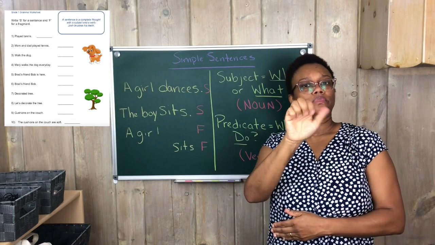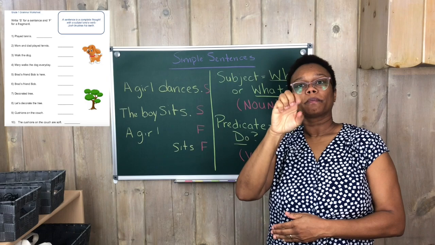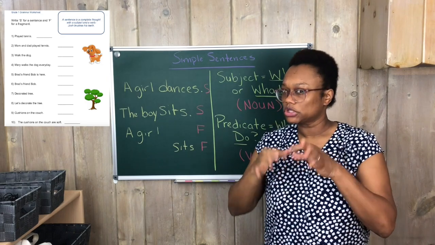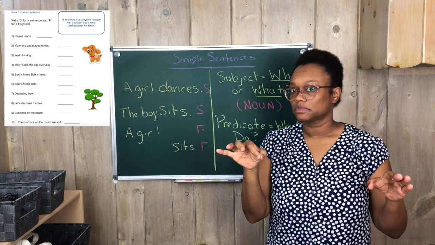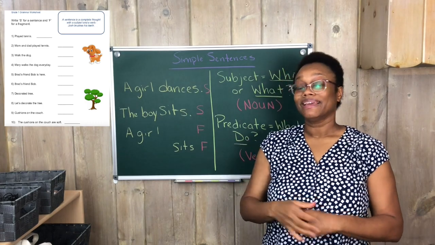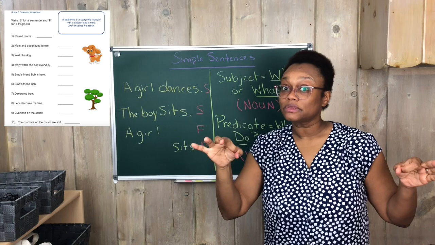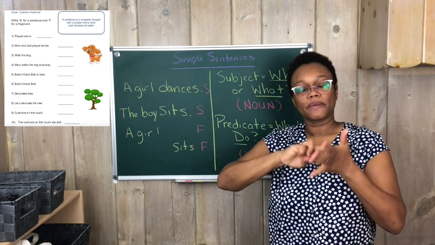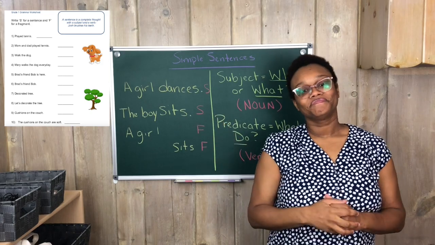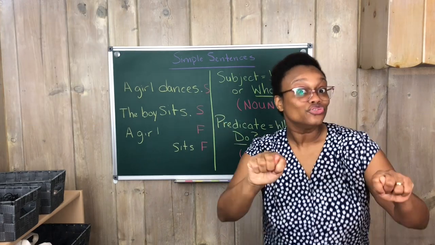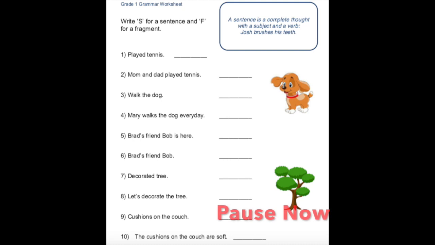So I would write F. F means fragment. Fragment means part of a sentence. So it's not a sentence. It's part of a sentence. If it is a full sentence, then I would write S, which means that it is a sentence. So you try. Please pause to look at the worksheet.